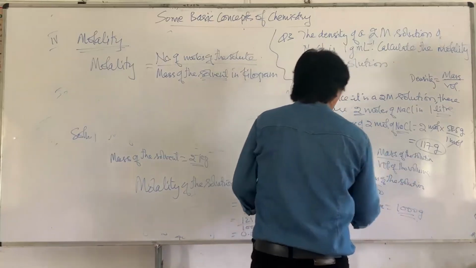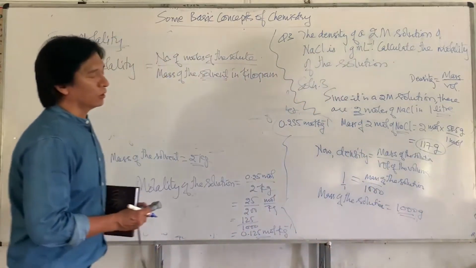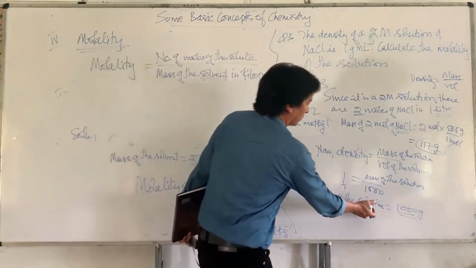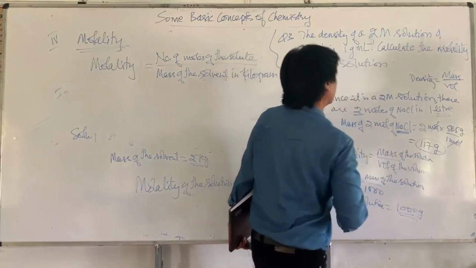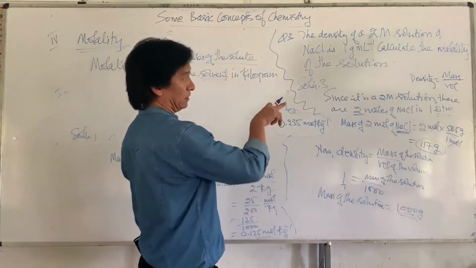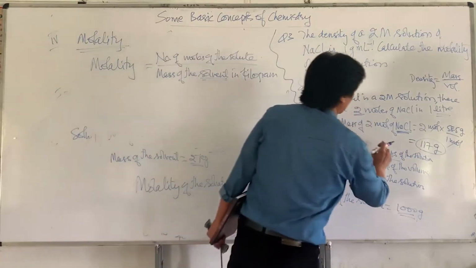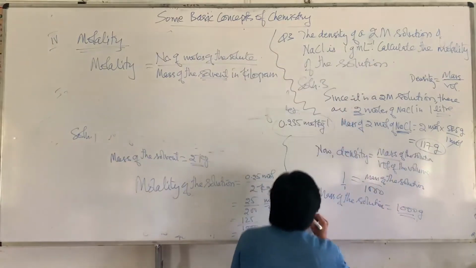So what is the mass of the solvent alone, that is water? We have found the mass of sodium chloride in 1 liter of this solution, it is 117 grams.